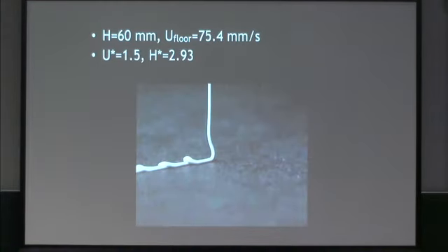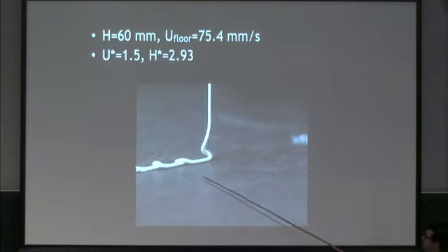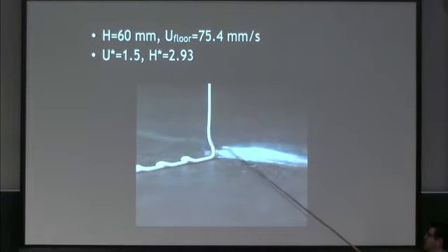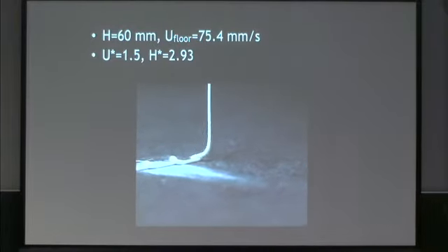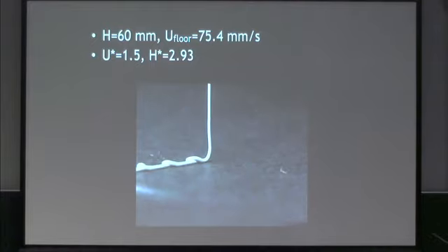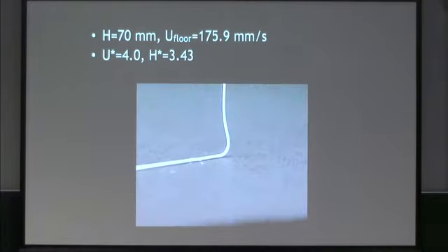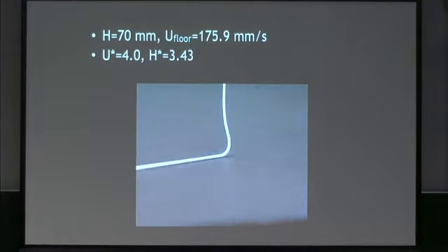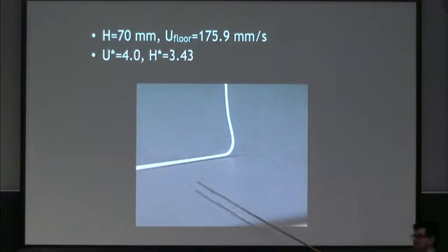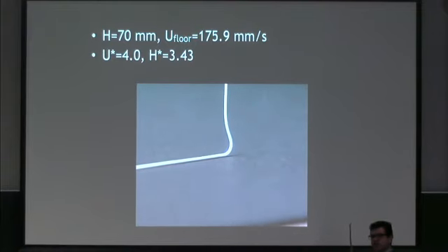If you increase the speed of the floor just a little bit, you still get coiling, but you get a different length from coil to coil. If you increase the speed even further, you can actually prevent coiling. You see that this thread is about to coil, but then the speed is sufficiently large to prevent this coiling.